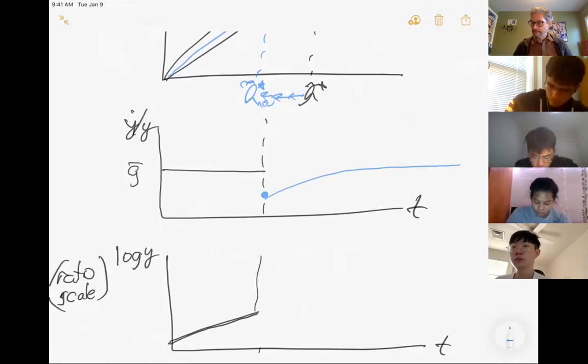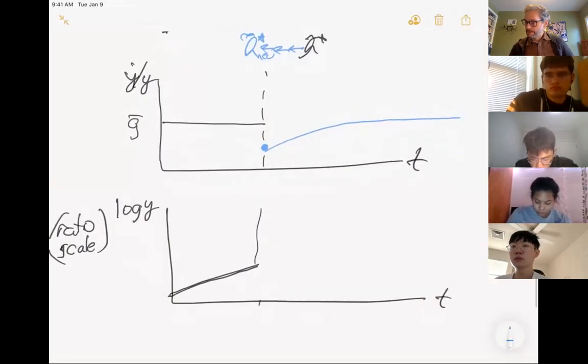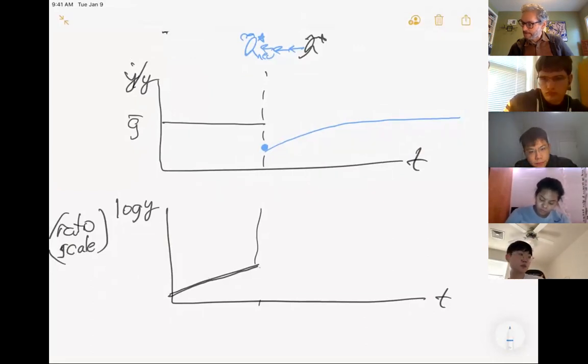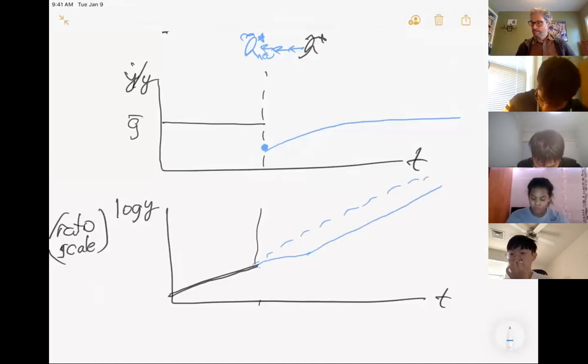What does this mean for the level of output? This is really kind of hard for me to draw, but it means that output is actually going to grow slower for a period of time, but then in the long run, it will go back to the same slope. It will go back to the same rate of growth. But notice, because we grew slower for a period of time, we will be poorer.